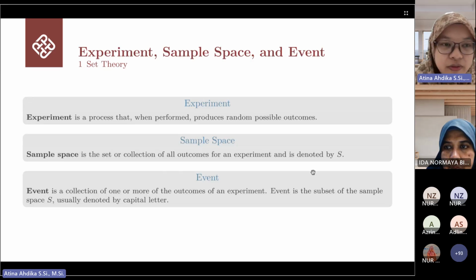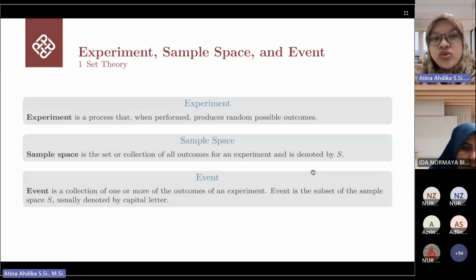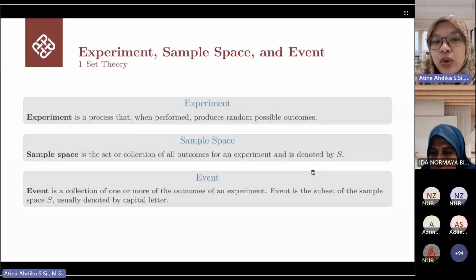Okay, for the first one, experiment. What is an experiment? An experiment is a process that, when it is performed, will produce some random possible outcomes. For the simplest example, when you toss a coin, the outcomes will be head or tail, and we cannot control the outcome of the experiment.